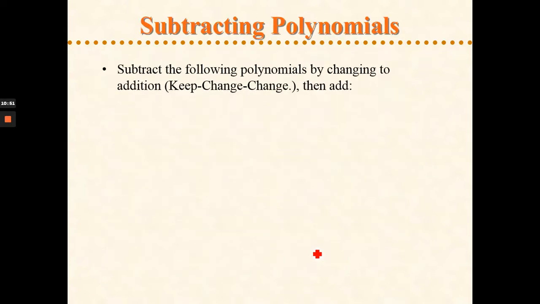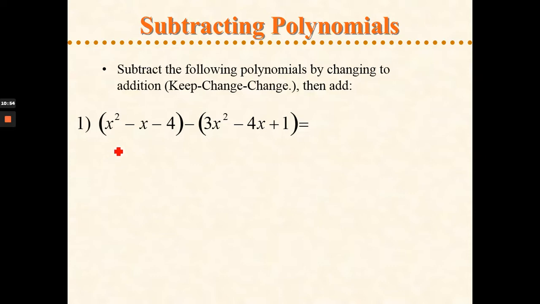The next one we have here. Again, we can subtract polynomials horizontally or vertically. Following the rules, keep, change, change. You're going to keep this. Change subtraction to addition. Then you're going to change this. From positive, it will become negative. This will become positive. This will become negative.